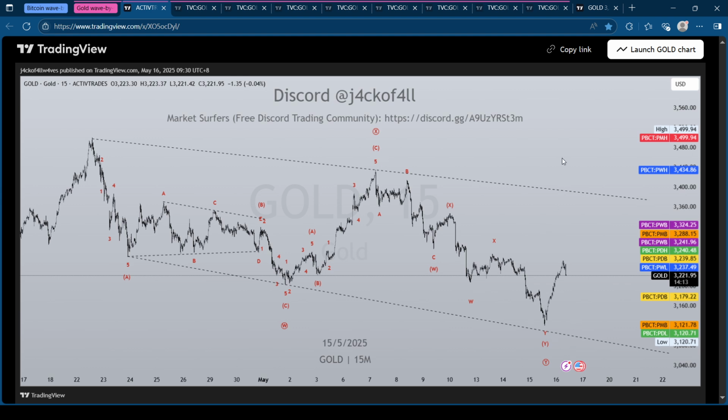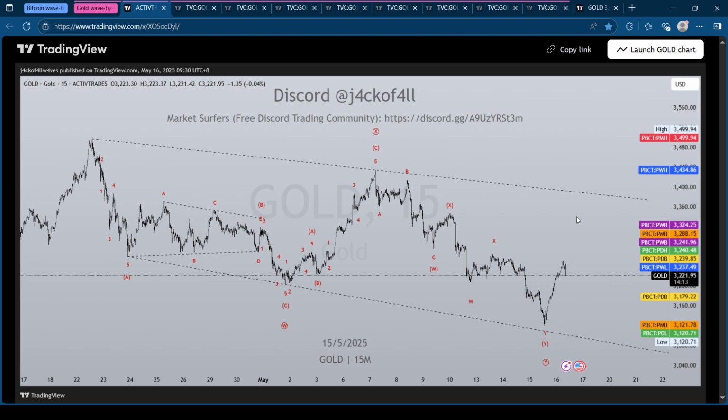Now, probably you will see a lot of Elliott wave analysis wherein most of them counted this as wave 1, 2, 3, wave 1, and then this is the nested wave 1, 2, 3, 4, and 5.